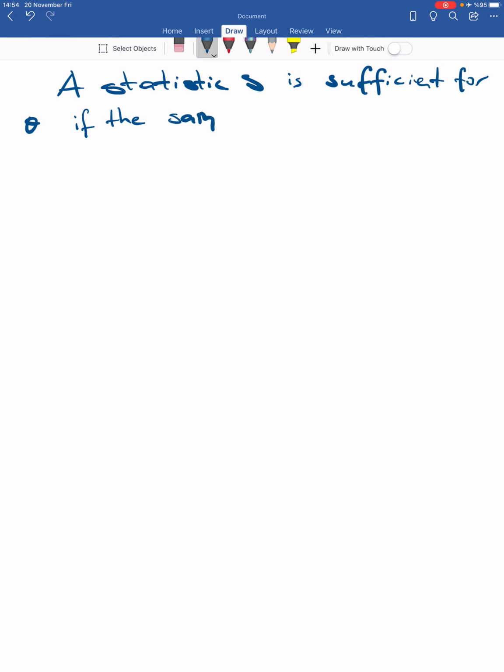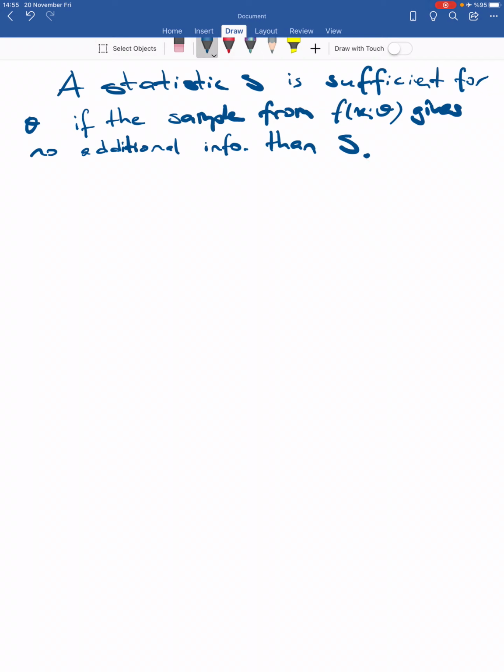So a statistic S is sufficient for theta if the sample from this PDF gives no additional information other than S. Okay, so this is the definition of sufficiency.